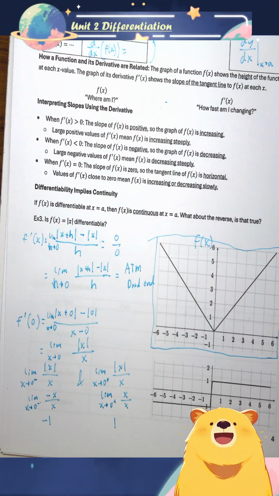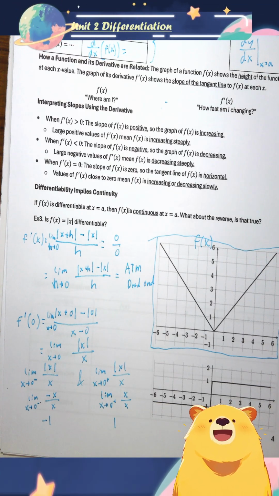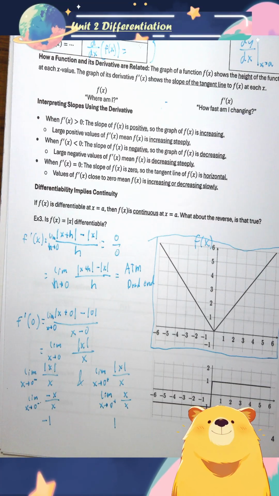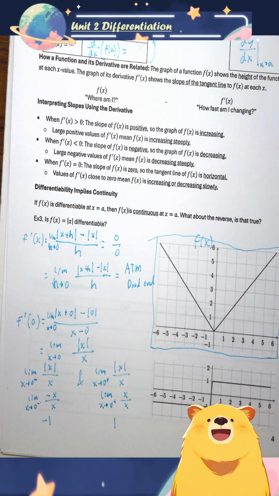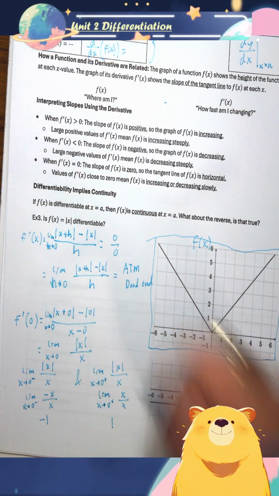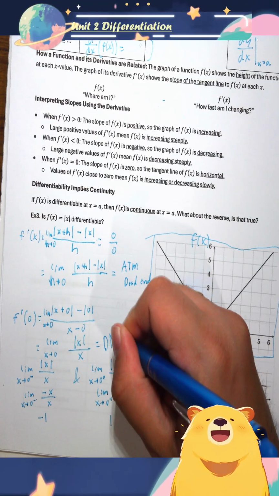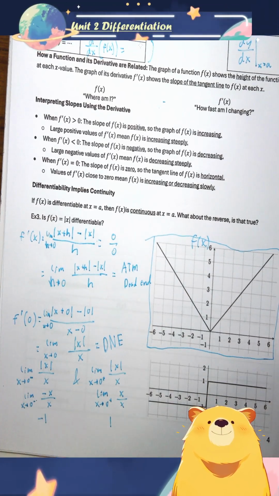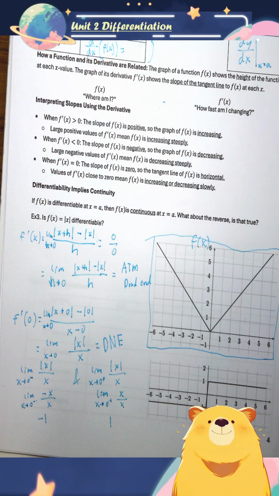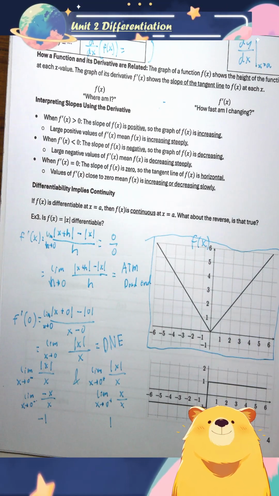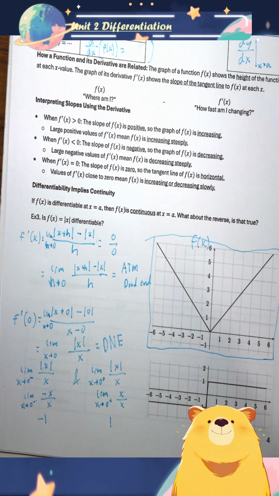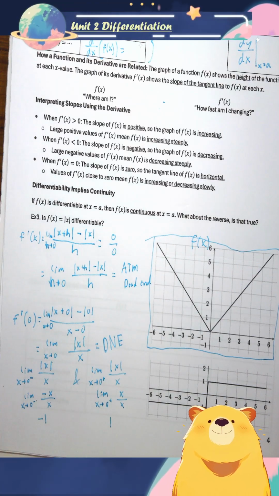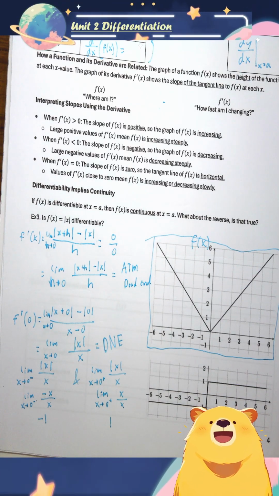Now, remember our classic limit ideas. If both sides of the limit do not match, then that limit does not exist. So, notice again how the derivative does not exist at x equal to 0.